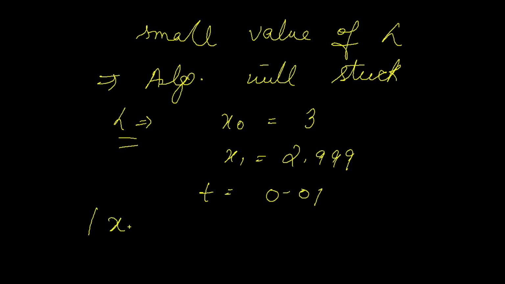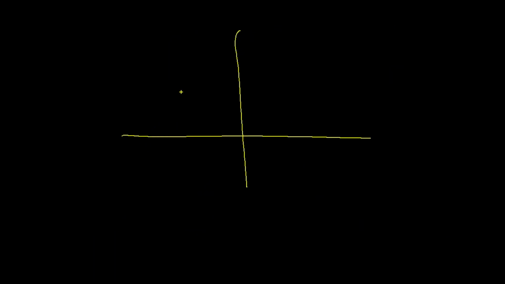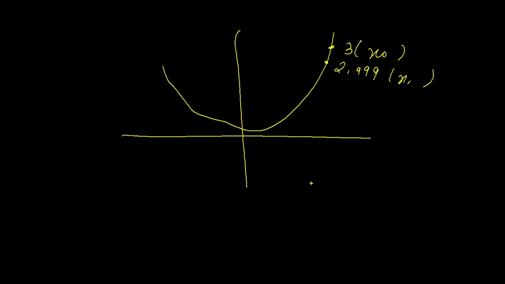So if we take the difference between x0 and x1, it comes out to be 0.001, which is lesser than 0.01. This means that in the graph, this is 3, that is initially x0, and this is 2.999, that is x1, and because of the threshold and this small lambda, the algorithm will not proceed from here and it will get stuck here.